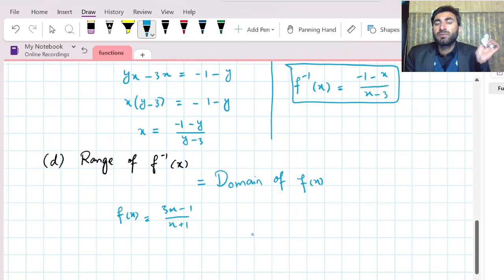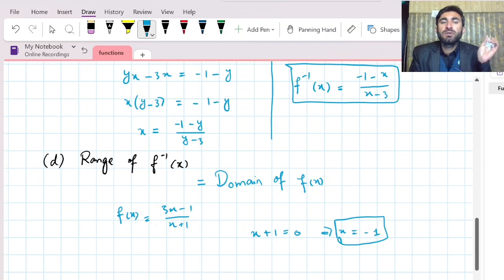So it can be undefined if the denominator becomes 0. x plus 1 equals 0 means that x equals minus 1. So the function will be undefined at x equal to minus 1, so x equal to minus 1 cannot be part of the domain of the function.